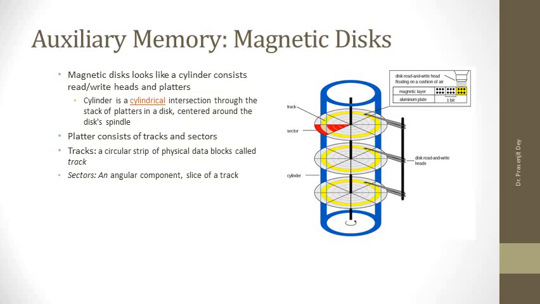Like here in this case, you can see that the red part is a sector, and this sector helps to locate the data block in the track, and this is how you can access any data block in the track. And for the magnetic disk, the addressing mode precisely used is cylinder head sector.